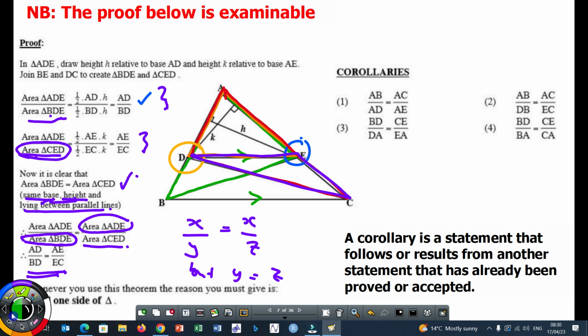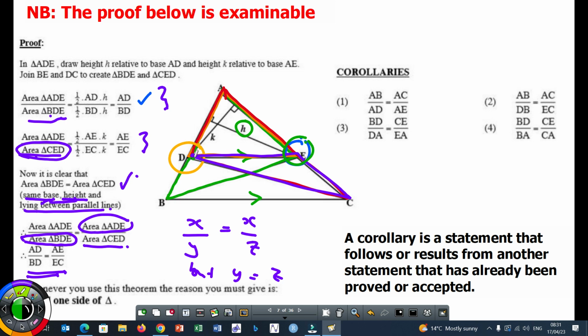So in this diagram here, you have to choose BDE and ADE. Vertex E is common. Therefore, they share a common height, which is going to be H. If they share a common height, the ratio of their areas will be equal to the ratio of their bases. Then, for the second ratio, you also choose CED and ADE.